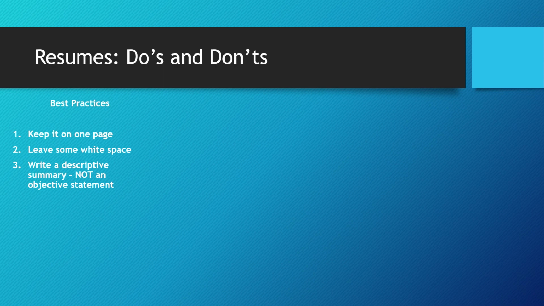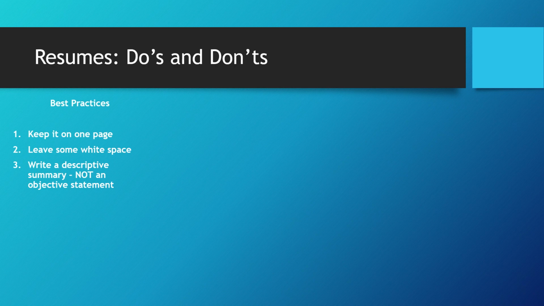You should not write an objective statement up at the top, something that says what you're seeking, basically. Like, I'm seeking a full-time position where I can utilize my skills and education to help the company grow. Like, no, that's a very dated approach. It persists a lot. I see it all the time. But really those have evolved and they've become more like a descriptive summary at the top of what your strengths are.